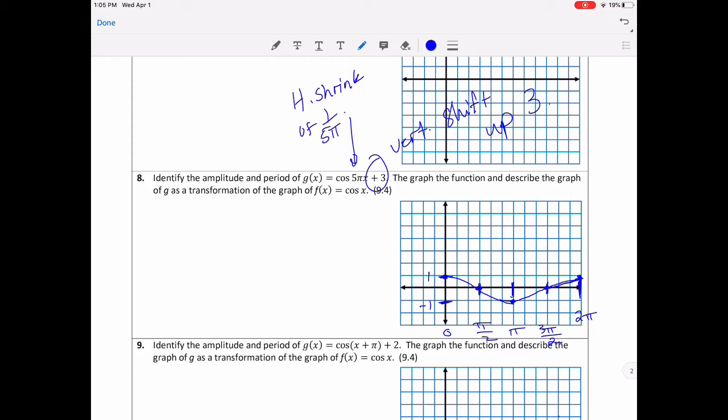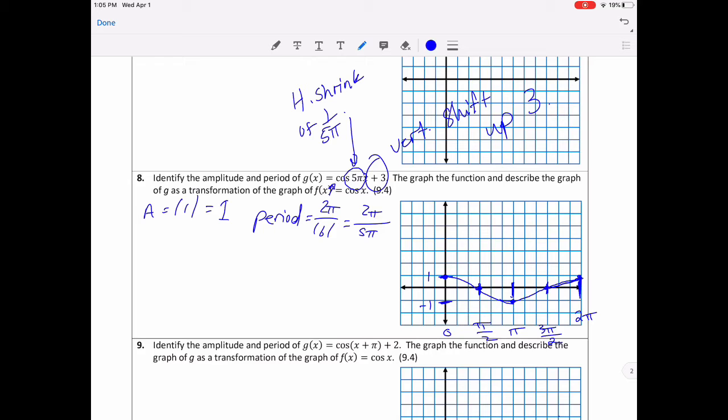Okay, and how do we address that? Well, let's just do our same things. Amplitude, the absolute value of whatever's in front of our cosine, in this case 1, is still 1. Period, which is 2 pi over the absolute value of b, so 2 pi over the absolute value of b here, which is 5 pi.